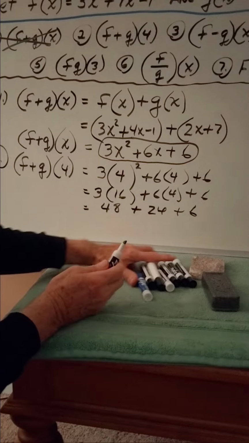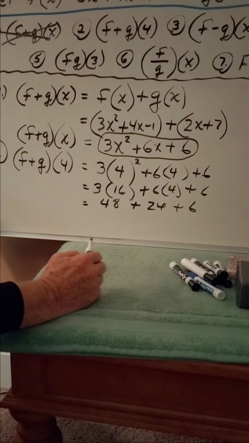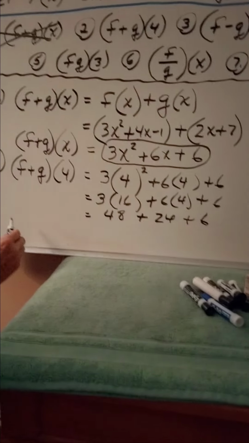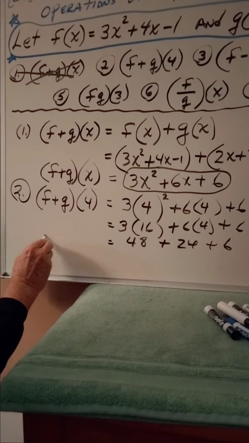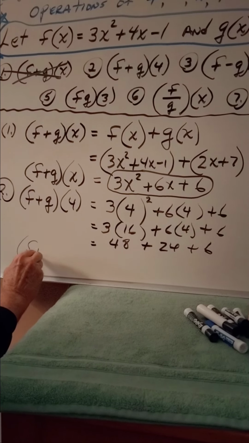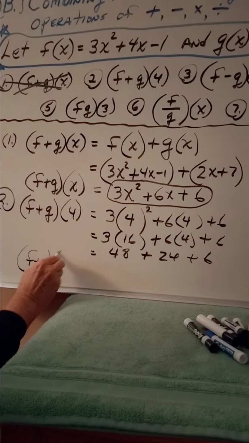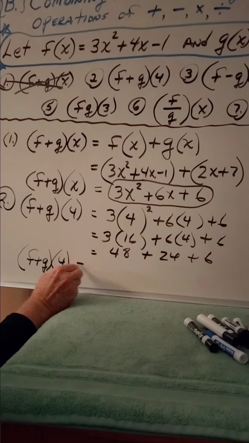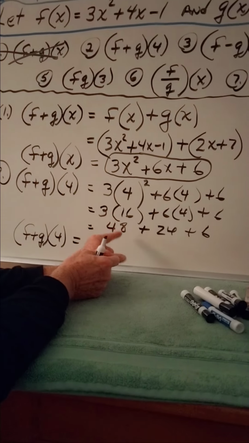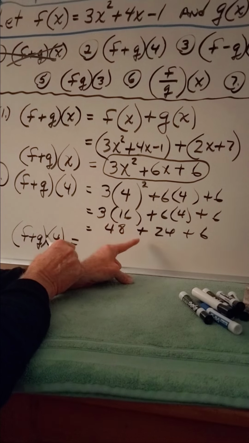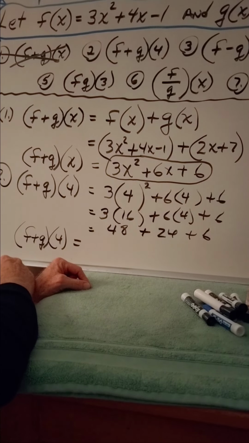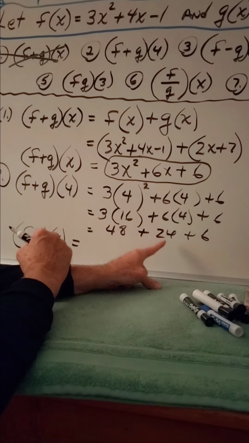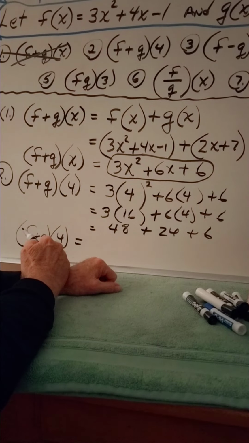And now I know I'm all the way down here at the bottom, but now we'll write our culminating statement. The value of f plus g when the domain is 4 is going to be equal to whatever the sum of those 3 numbers are. 6 plus 24 is 30.